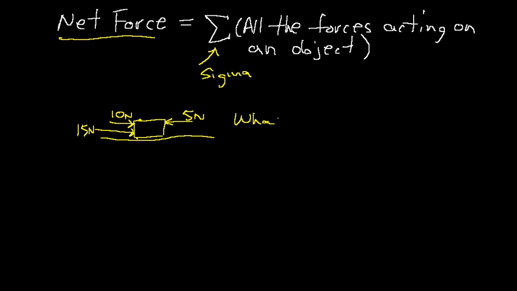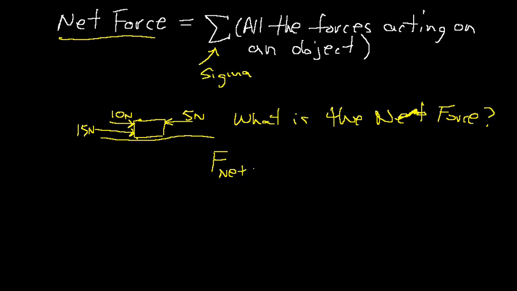So what is the net force on the box? Well, the net force, that's the total or complete force, is going to be the summation of all forces. So what is that sum of all forces?